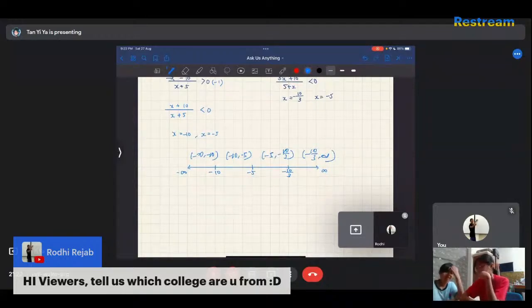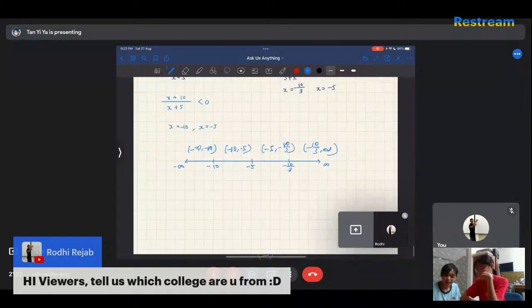Okay. Actually, both of the methods work, but as you can see, just now I attempted to use the smiling graph method and I made a careless mistake. Oh my god. So never mind. We will be talking about the table method first. Then we proceed to the smiling graph method and we compare if the answer is correct.